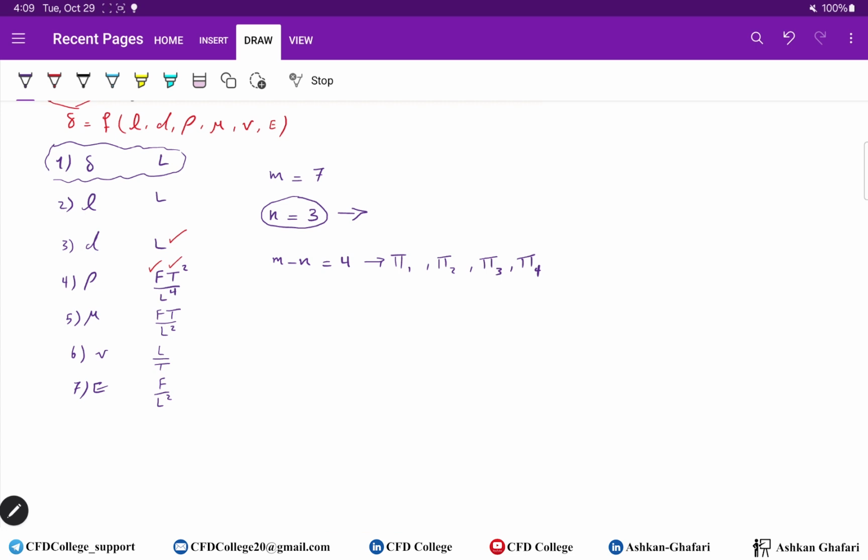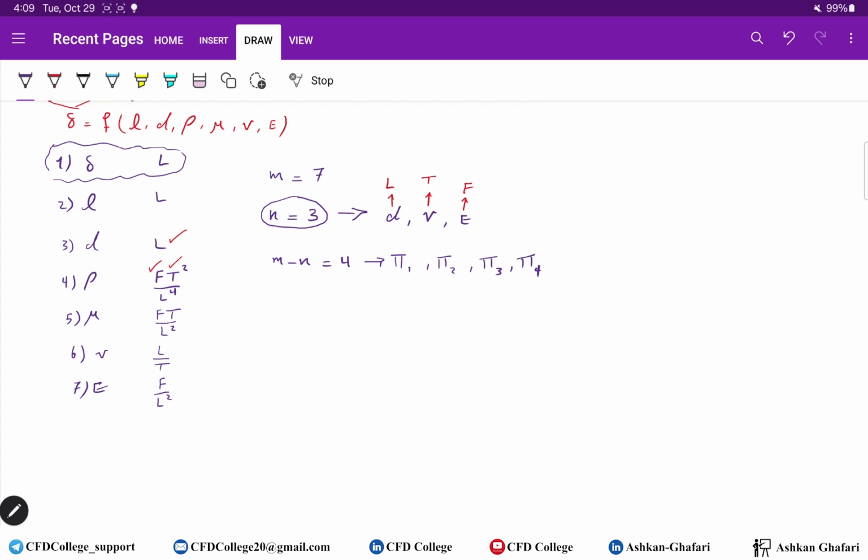For example, we can pick D for L, and then velocity V for T. We had L already, and now we pick V to have access to time, and then, for example, E for F. Now we have 3 quantities which include all these units.